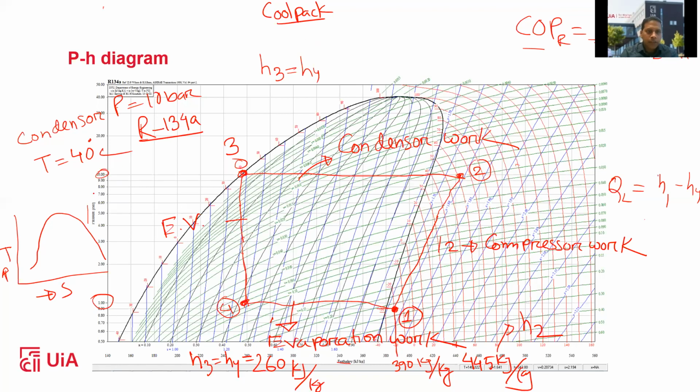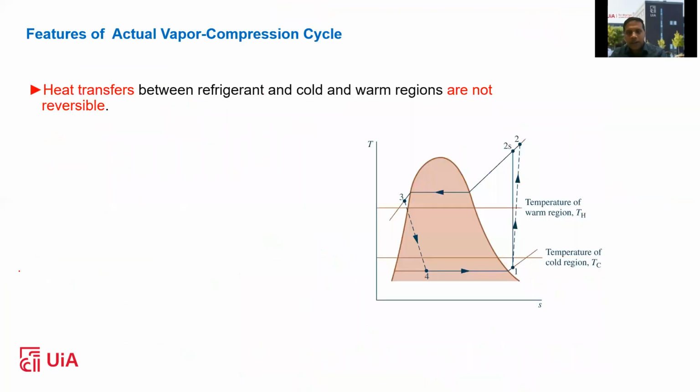I'm talking about the refrigerant R1234. In this case, you have point 1 in here, point 2 would be in here, then you get point 3 in here, and point 4 should be in here. So this is the diagram. Now let's go to the next slide.